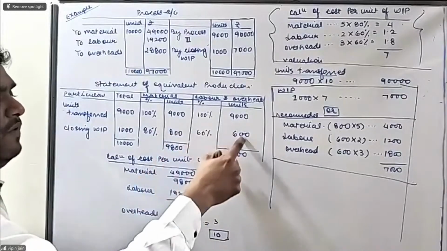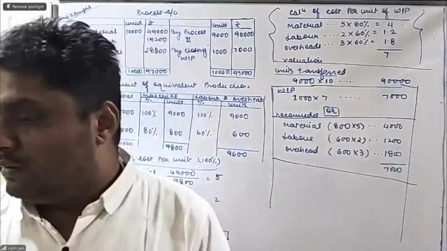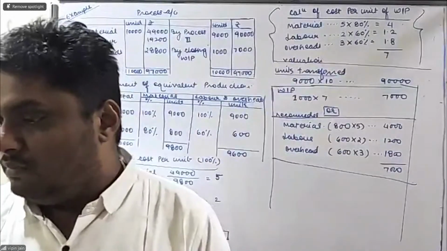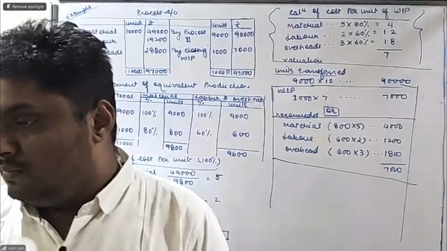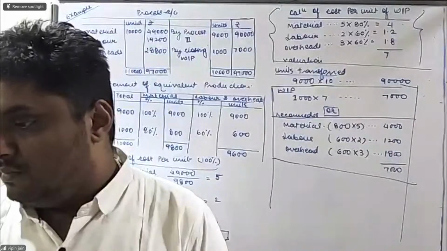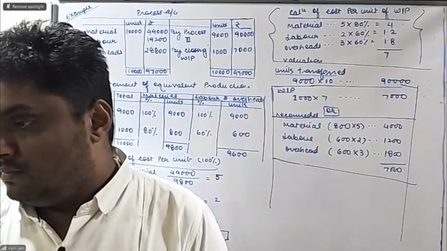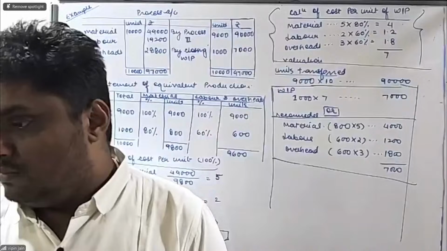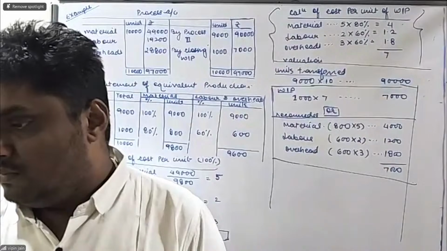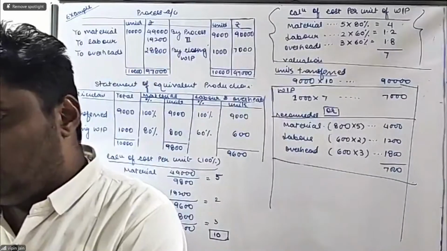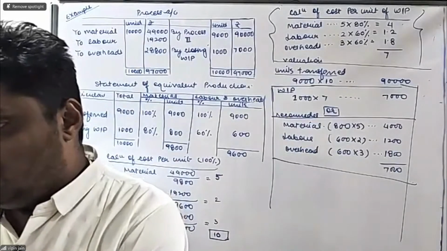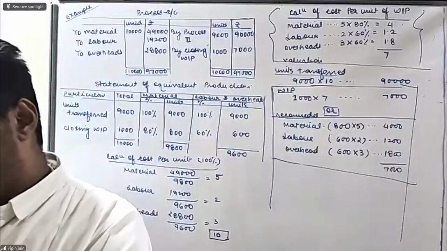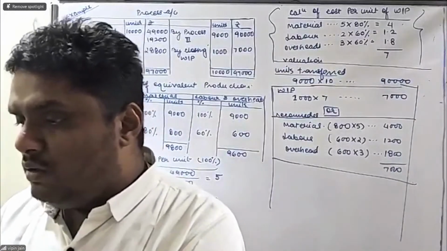So these are the equivalent number of units that are 100% processed. I hope, Bhavna, your query is resolved.